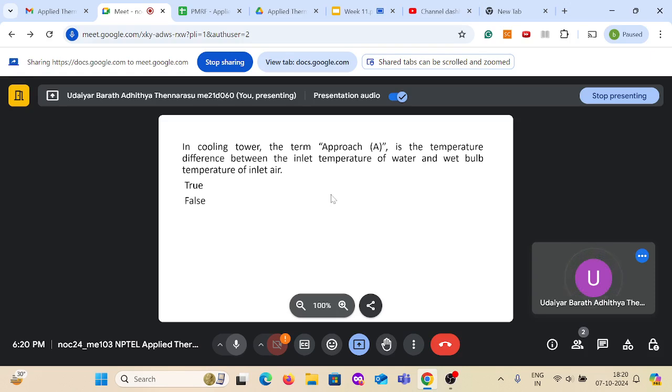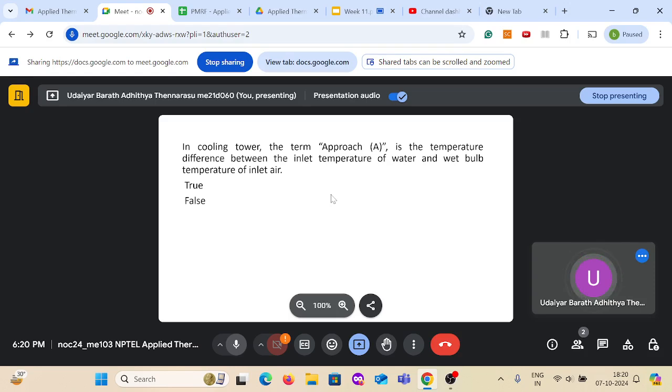As I told, in the cooling tower you're sprinkling water, and air is flowing from bottom to top. Because there's a difference in temperature and saturation, some amount of water is evaporating and making the air saturated.